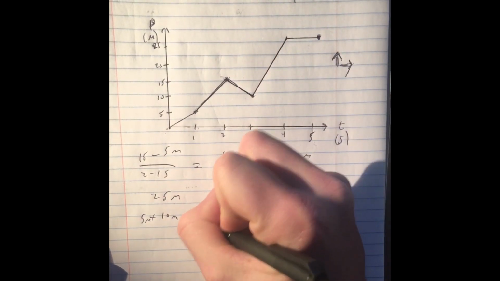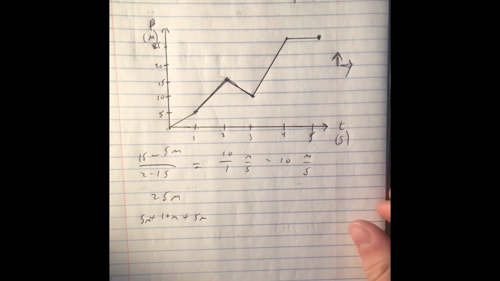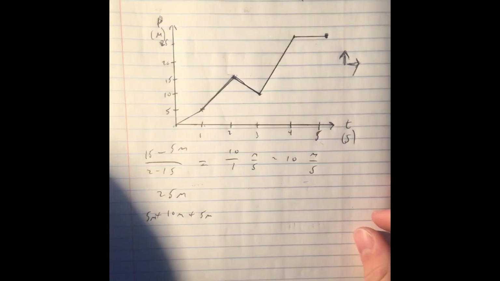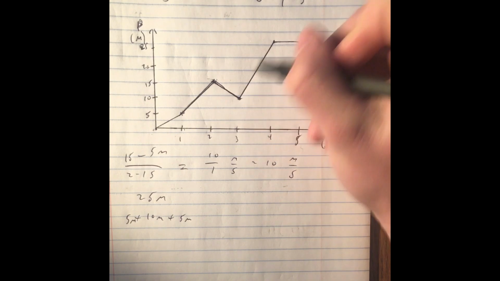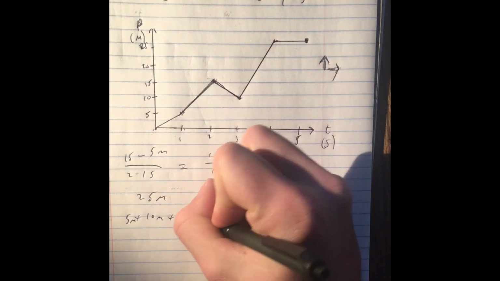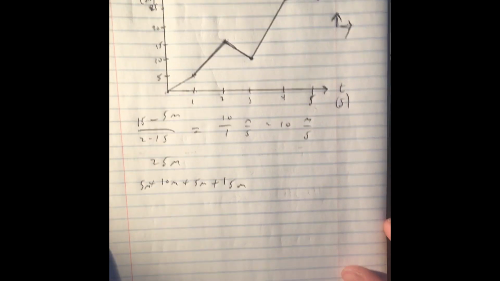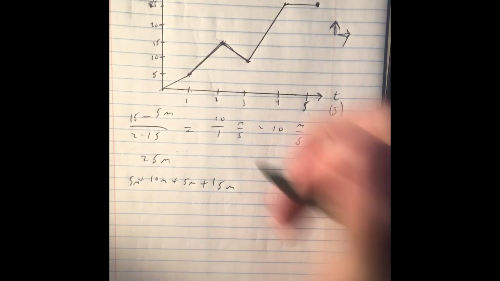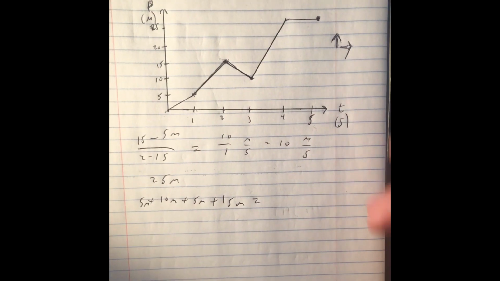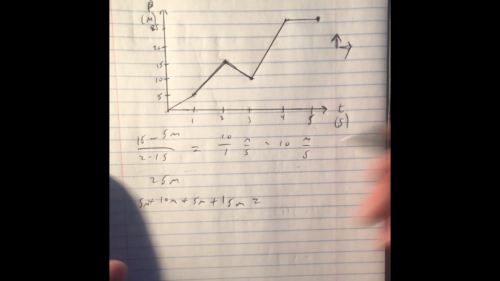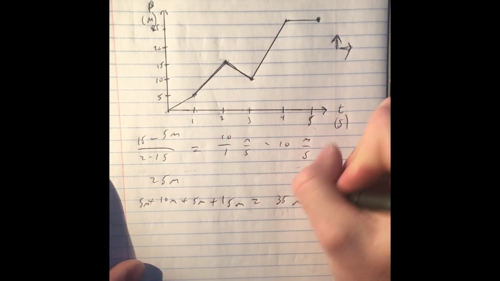Remember, when we're looking at distance, the direction he's traveled doesn't matter. If he's moving in the negative direction, we still add it up. And then he moves from 10 to 25 meters here, so 15 meters, and then he's at rest here. So Spike's total distance traveled will be 35 meters total.